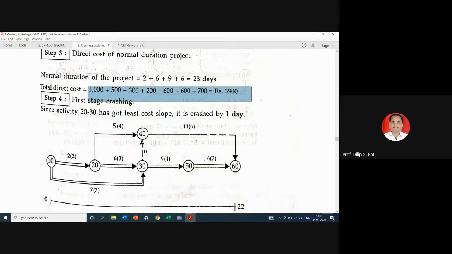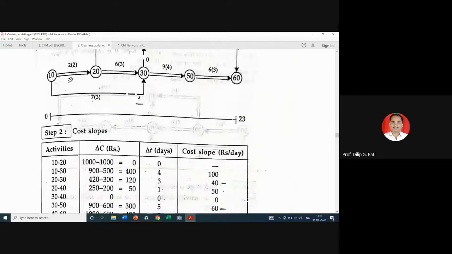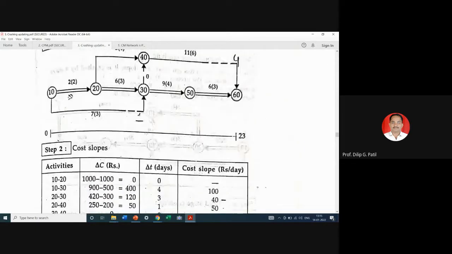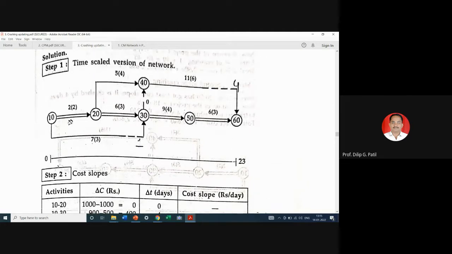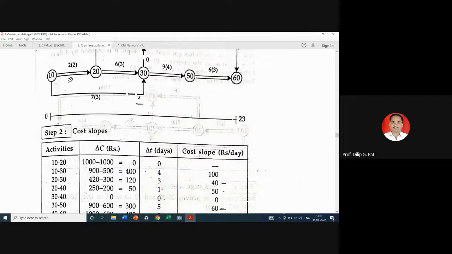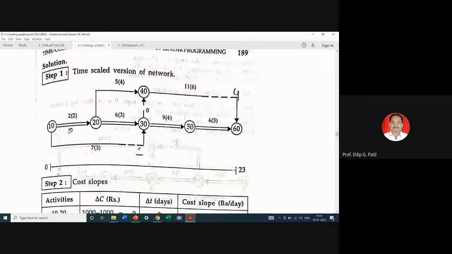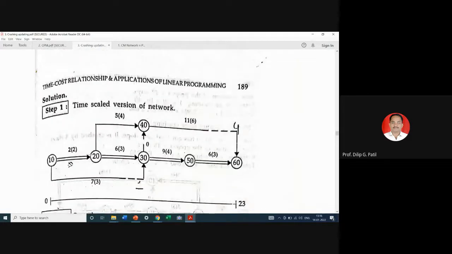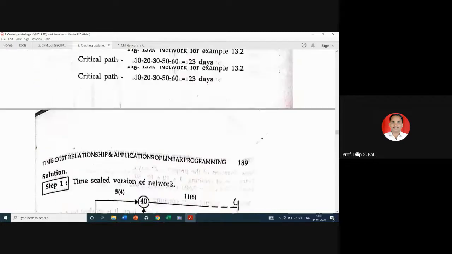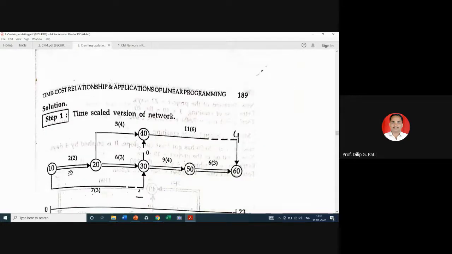Except 40, all the activities are critical. 10, 30 is also not critical. Sorry, this is a revised network after first stage of crashing. So we have to select one critical activity which is having least cost slope. So critical activities कोणत्या आहेत ते पहिल्यांदा मार्क करायचे आहेत.